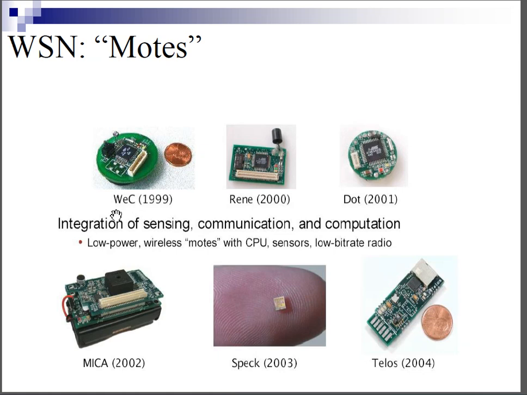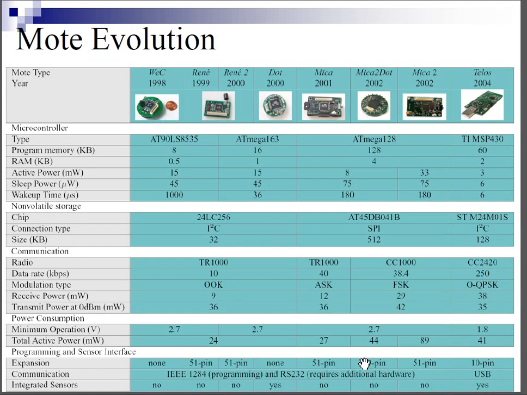The different types you can see: WeC, Rene, Dot, Mica, Spec, Telos, and so on. And you can see the mote evolution. We are not going to go through them one by one, but you can see some of the information here.